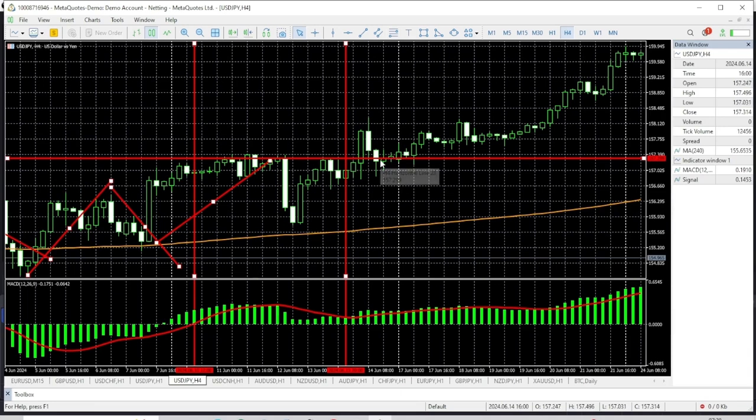So anywhere, when you place your mouse on a particular candlestick, you are going to see the characteristic of that candlestick on the data window. The time frame we are using here is the 4-hour time frame.